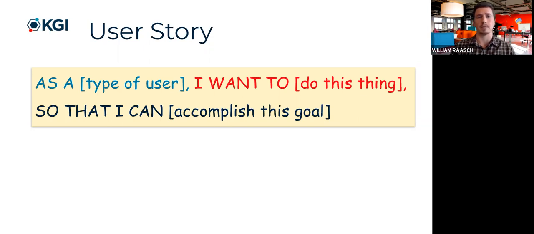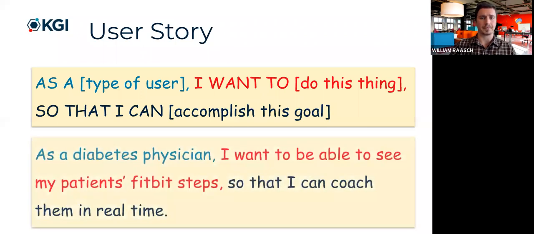Maybe these are patients whose disease management is very difficult. So as a patient, I want to have constant communication with my care team so that I can better manage my disease. That might be an example. Here I made another example: as a diabetes physician, I want to be able to see my patients' Fitbit steps so that I can coach them in real time.